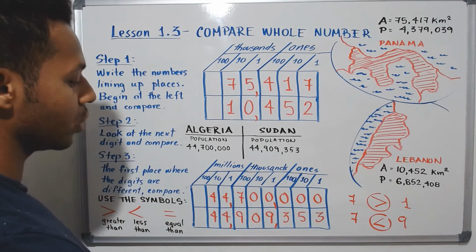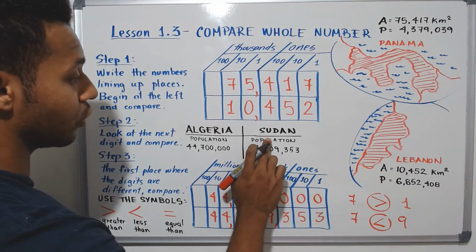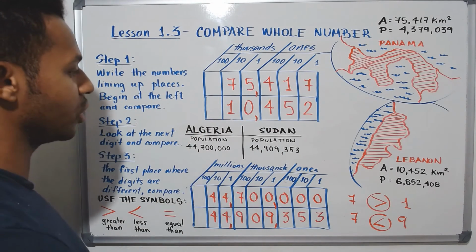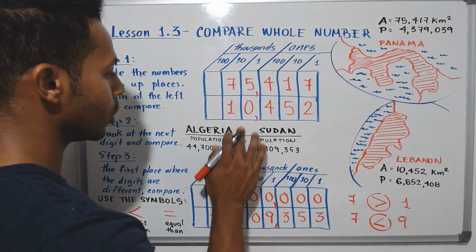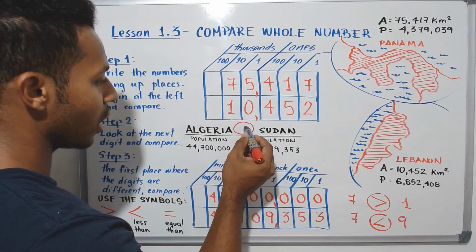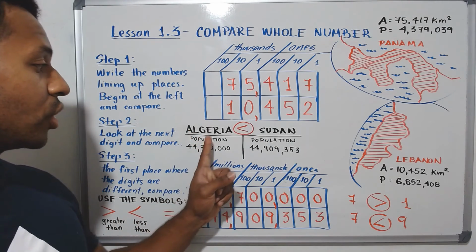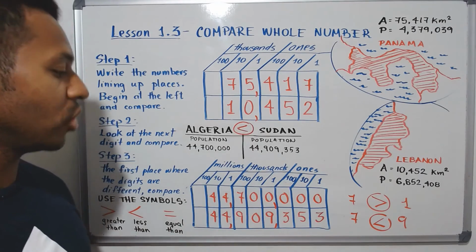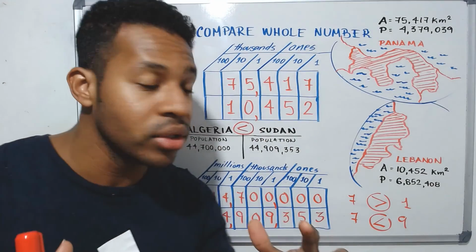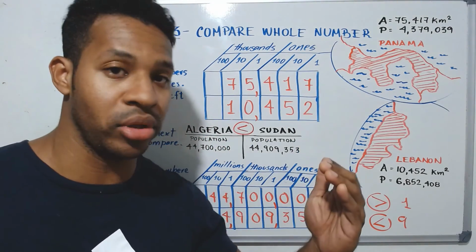Now we know that this number below, the population of Sudan, is greater than the population of Algeria. So let's copy here. Sudan has the greater population; the Algeria population is less than the Sudan population. Great. Now we figure out which of the two countries has more population.